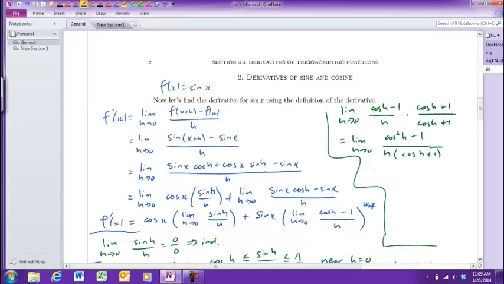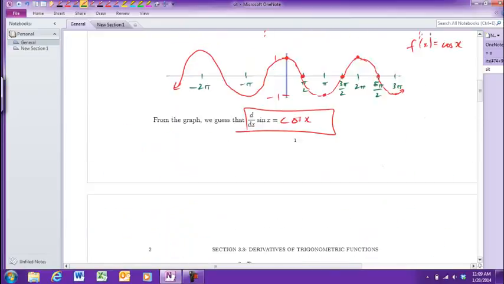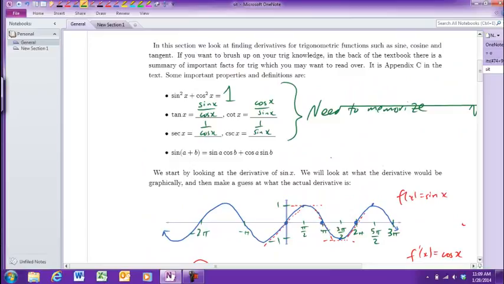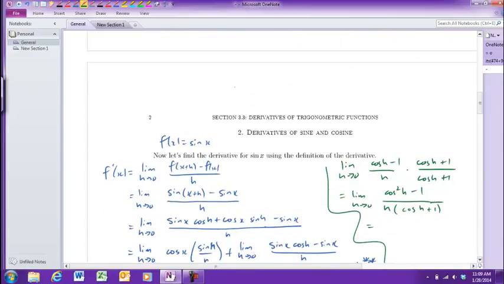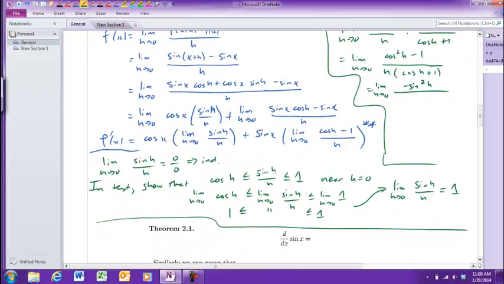And cosine squared of h minus 1, according to this rule right up here, if I subtract the 1 to this side and I subtract the sine squared to the other side, this will actually be equal to a negative sine squared h divided by h times cosine of h plus 1.